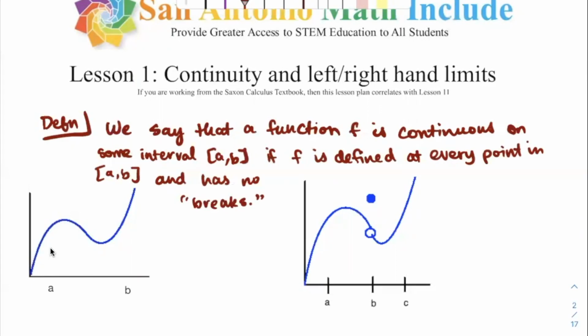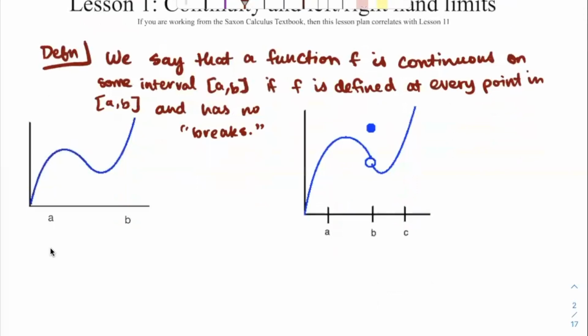We haven't formally defined what a break is, but you can get an intuitive idea by looking at these pictures. For example, this first picture is continuous on AB because it's just a smooth line and there aren't any breaks in the function.